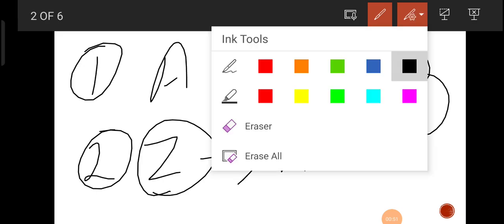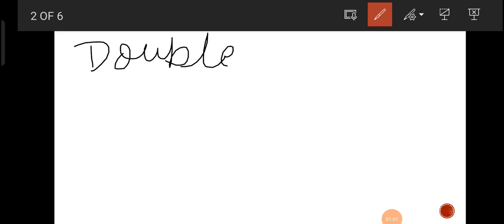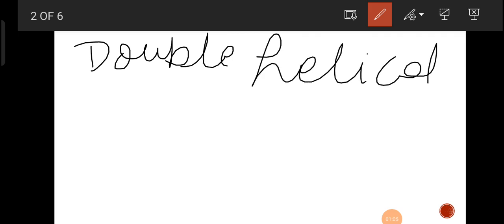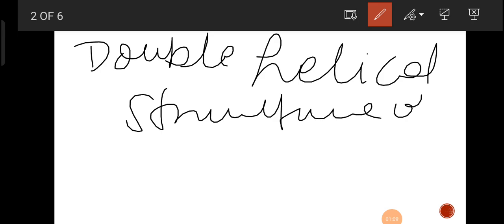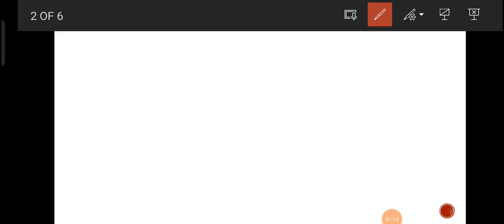Okay, moving to the next part of the topic, that is the double helical structure of DNA. I will tell you about this by making a simple diagram.